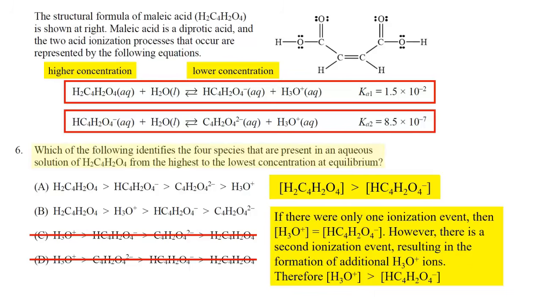So therefore, the concentration of the hydronium ion must be greater than the concentration of the HC4H2O4- ion. That makes choice B the correct answer based on that slight increase in the concentration of the hydronium ion relative to that conjugate base HC4H2O4-. So the correct answer to question 6 is choice B.